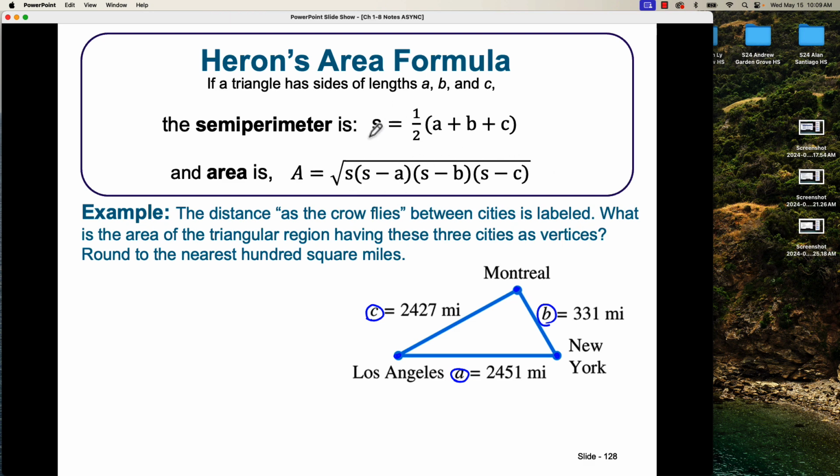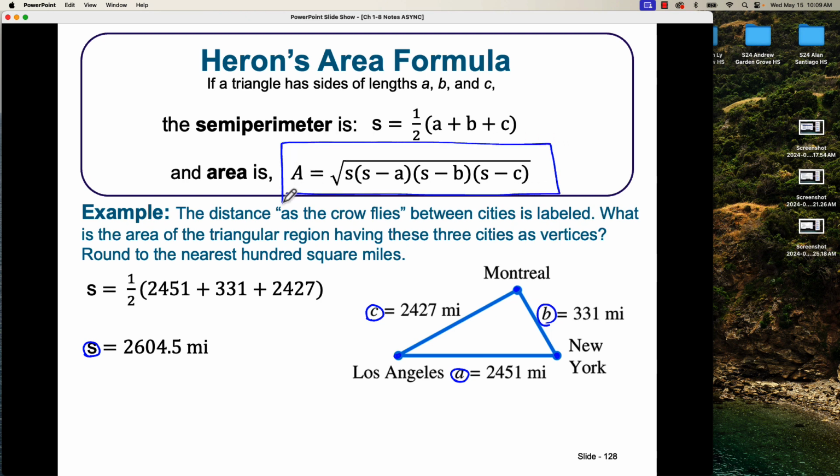But lowercase s is only dependent on a, b, and c. So we can find the semi-perimeter, which is the perimeter halved, giving us a semi-perimeter of 2,604.5 miles.